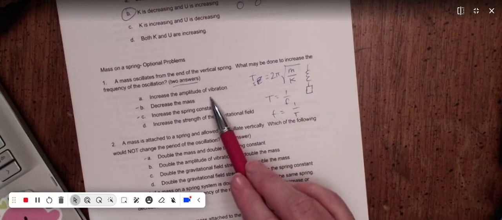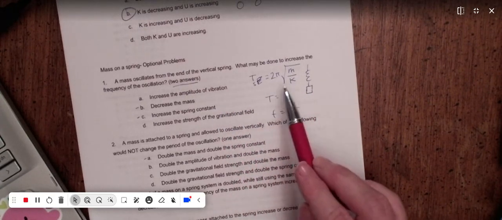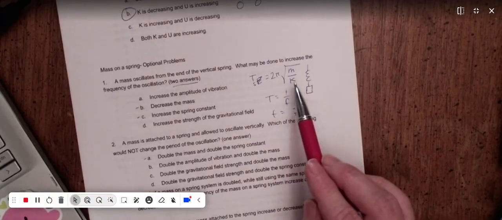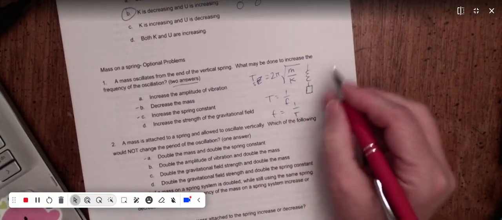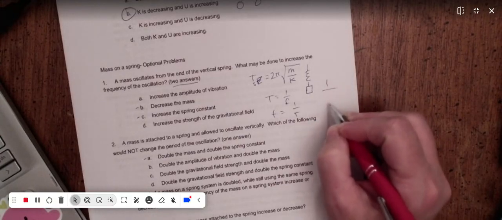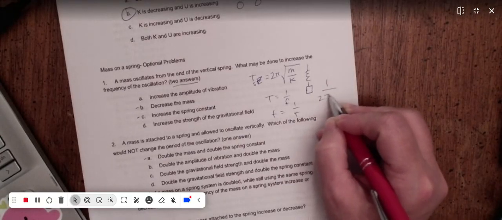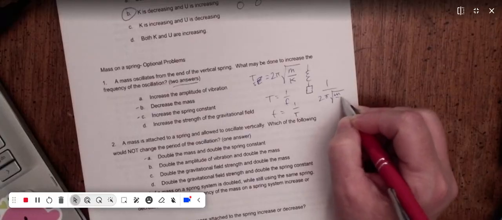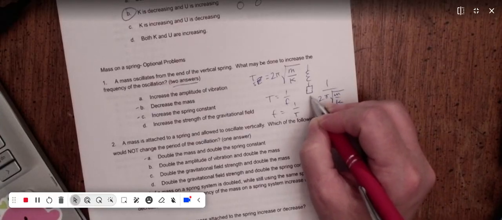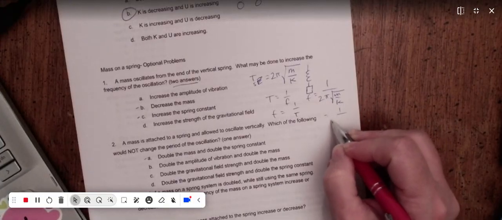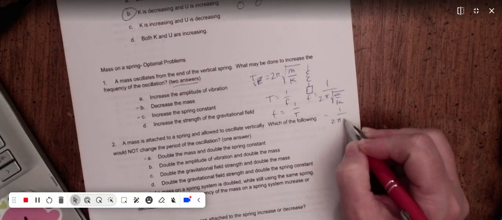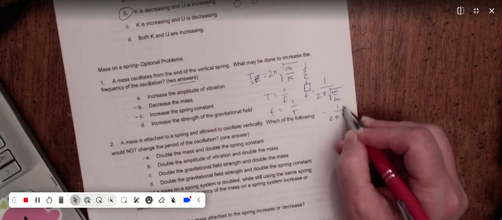And if we look at these answer choices, if I increase this value, I would be able to increase the frequency. So now, let's just write this out. This is going to be 1 over 2 pi times the square root of k over m. It looks really messy. But imagine I'm flipping this now.